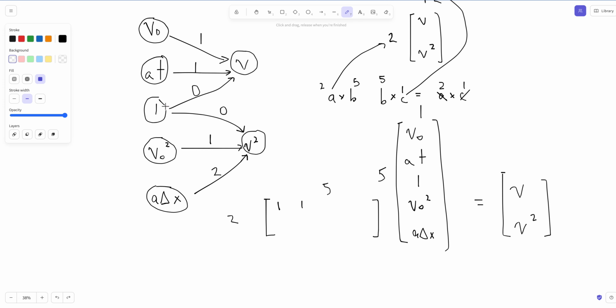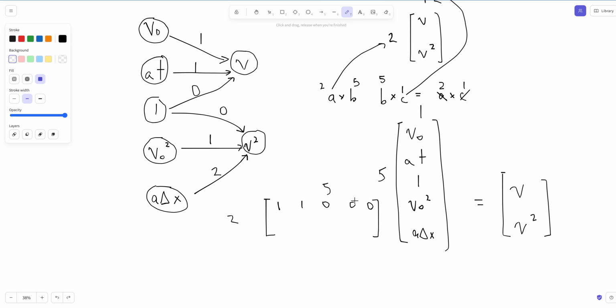We multiply 1 by 0, as we discussed. See how these features don't contribute at all to the output V. So you can think of also creating some weights over here and assigning these 0. But just assume that for A delta X, I just don't want to make this too messy. Just assume that if I don't draw an edge, it's just 0. So in this case, both V naught squared and A delta X will be assigned 0.